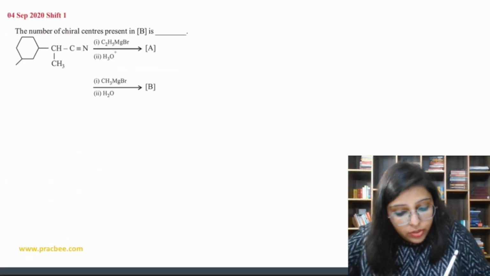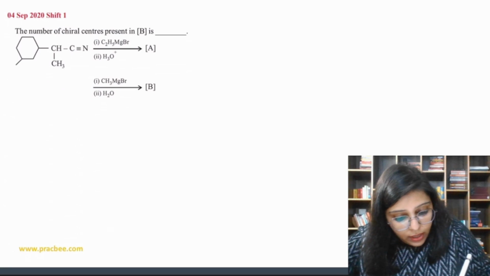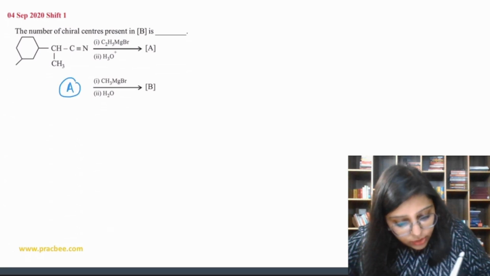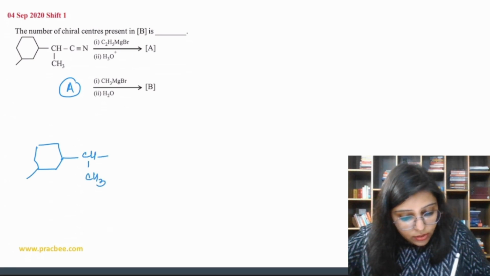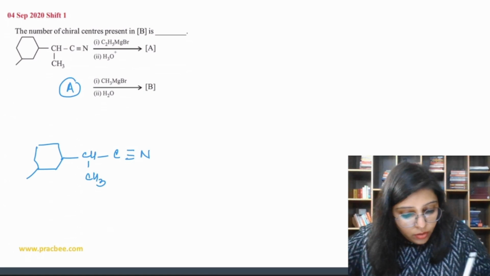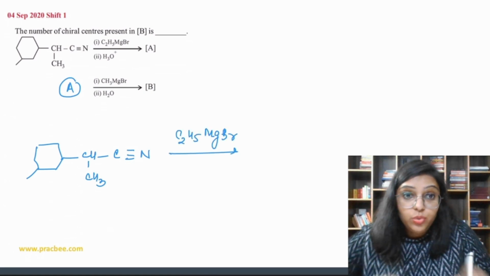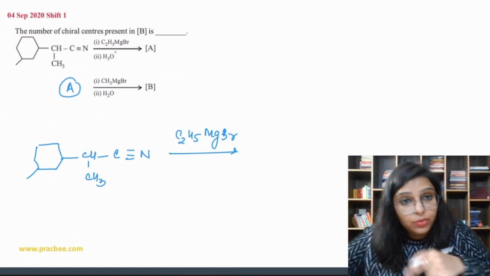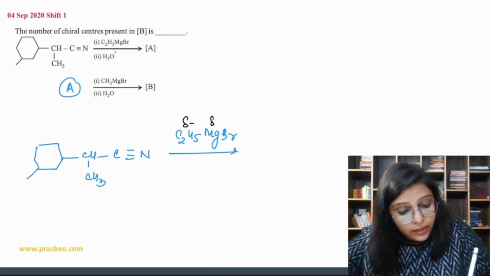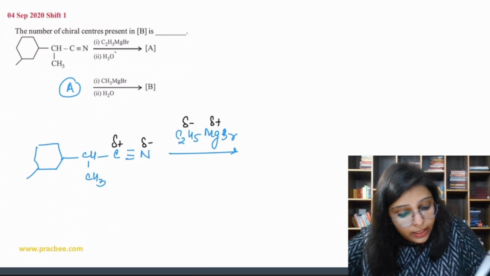So the next question is this. We have A, and A on reaction with this gives B. So let's do it step by step. We have CH CH3 C triple bond N, and we have C2H5MgBr. We do not have acid. So what is the role of the Grignard reagent? Nucleophilic addition. So this is delta negative, delta positive: carbon delta positive, nitrogen delta negative.